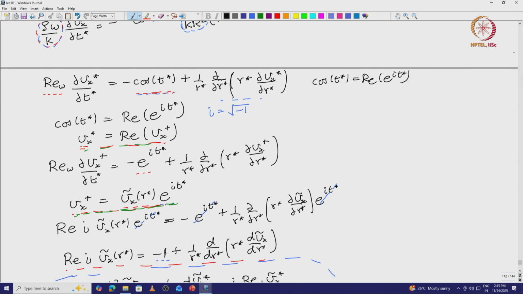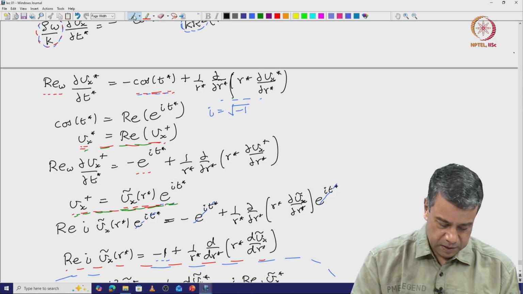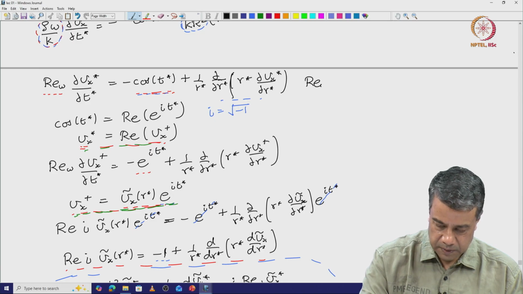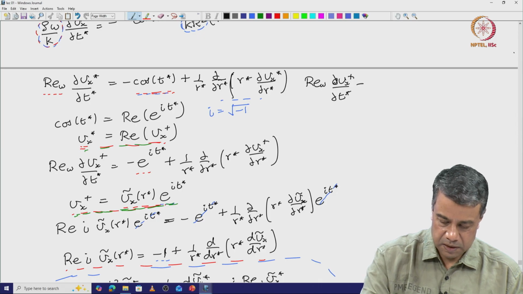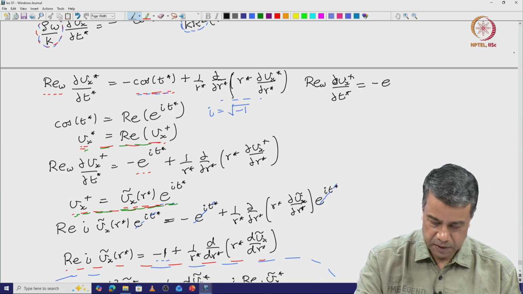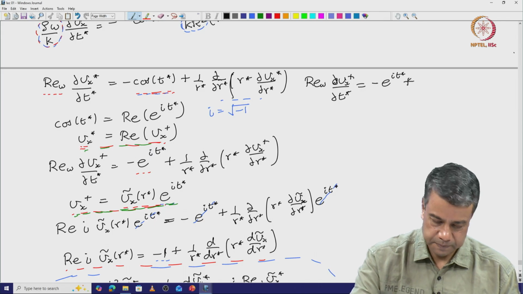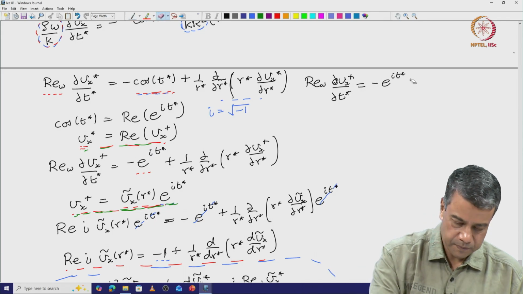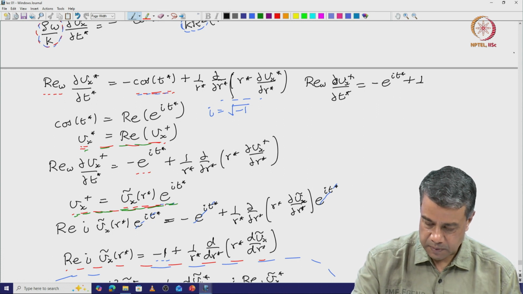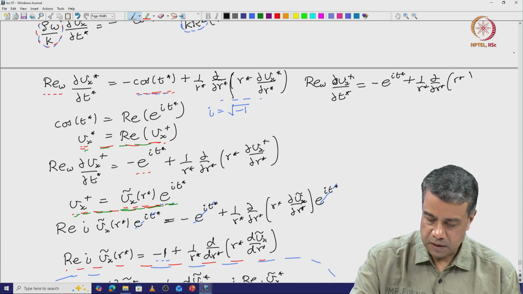And we had written an equation for Vx plus, with this forcing: Re omega partial Vx plus by partial t star is equal to minus e power I t star plus 1 by r star d by d r star of r star partial Vx plus by partial r star.